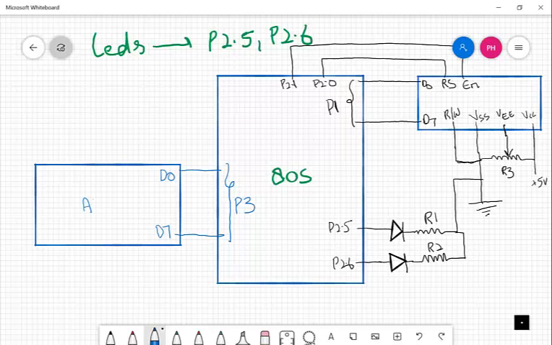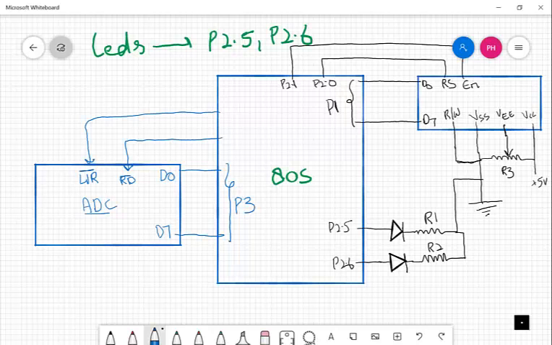This is our ADC. Read. And we have another pin as the write pin.